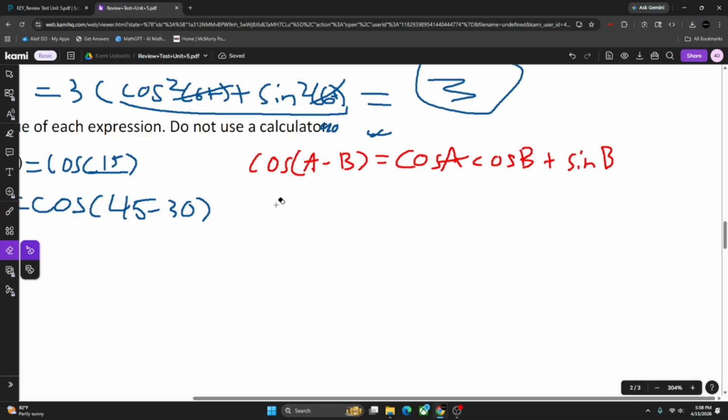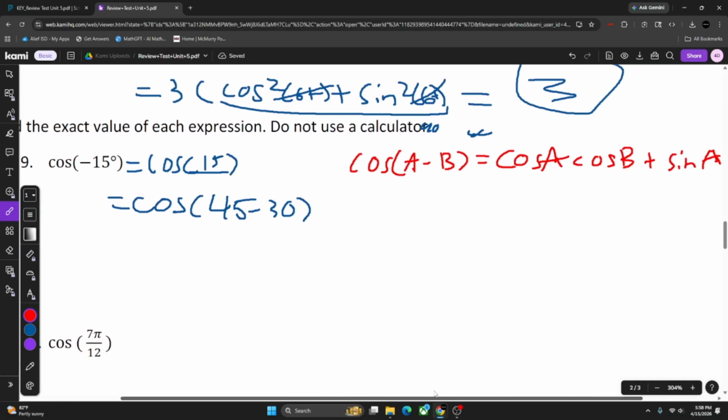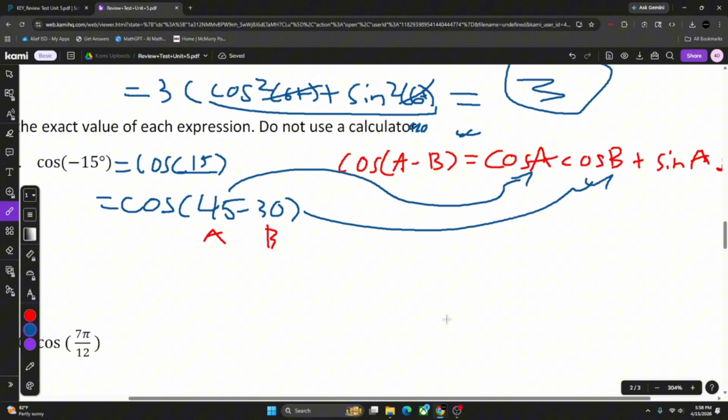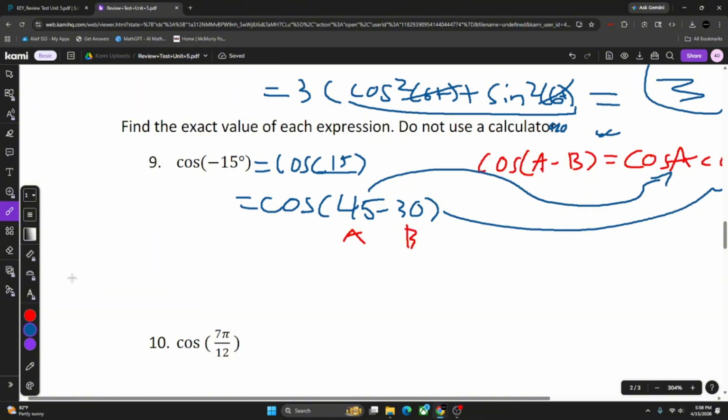Wait, I messed it up. A, and sine. So that's that. And since this is A, and that's B, all we have to do is just put it in here and write it down. That's gonna be a lot of writing, but write it.